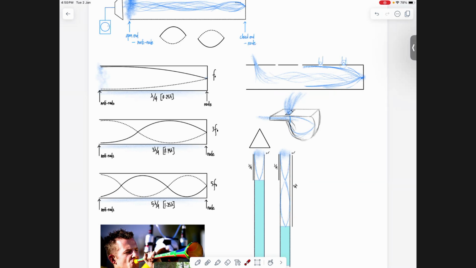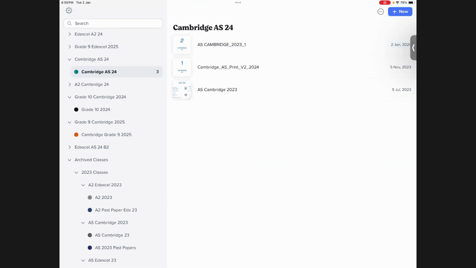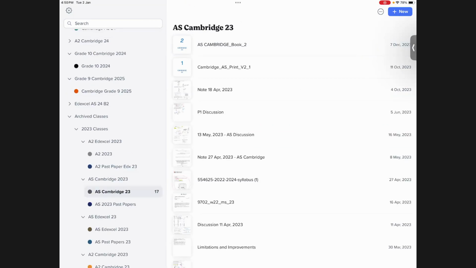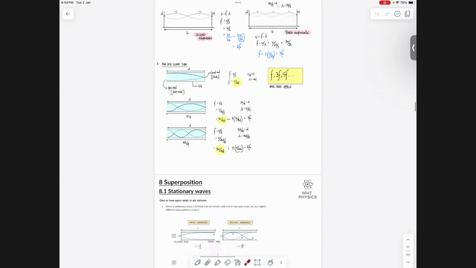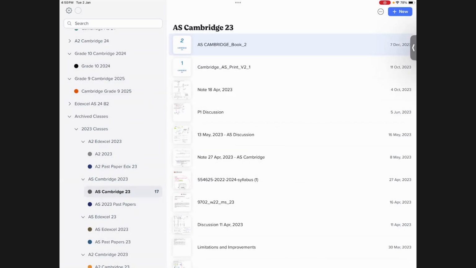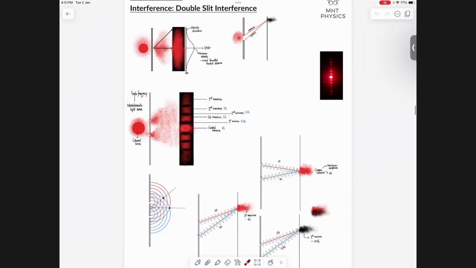A small wavelength would correspond to what frequency? Right. So if you have any questions, tell me about this, or stationary waves in general, because we're done with stationary waves.